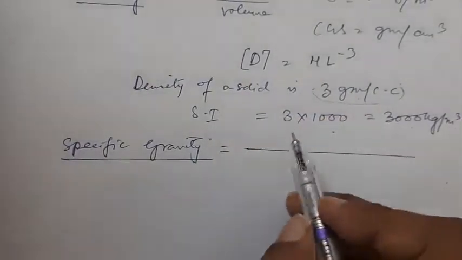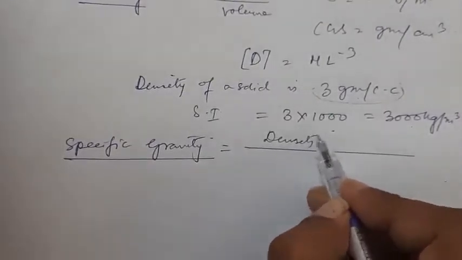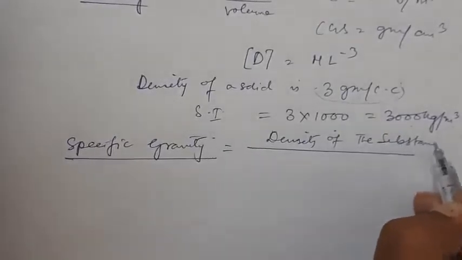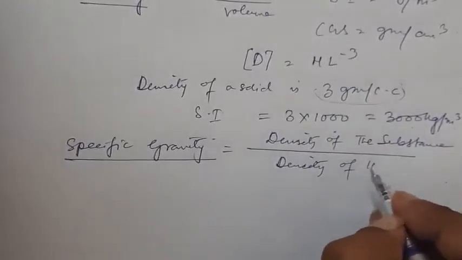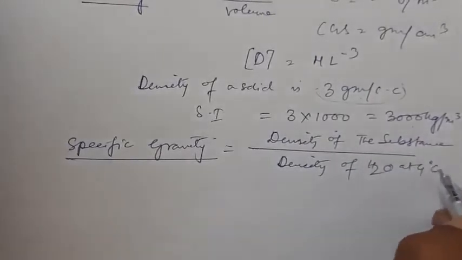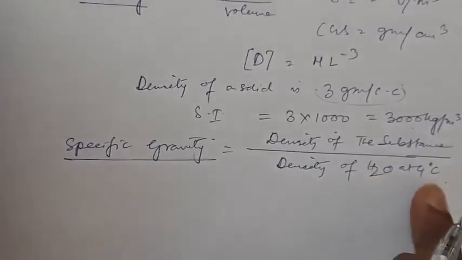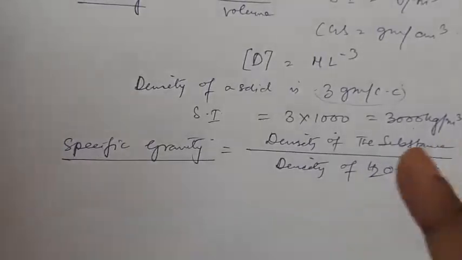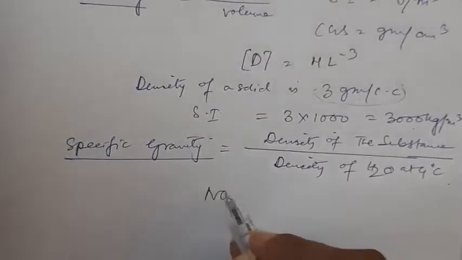Specific gravity is the ratio of two densities: the density of the substance divided by the density of water at 4 degrees centigrade. You all know why we take water at 4 degrees centigrade, because the density of water is maximum at 4 degrees centigrade. So this is the ratio of two densities, hence it has no unit.